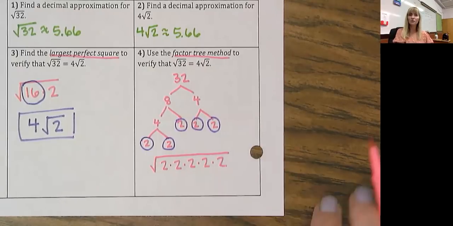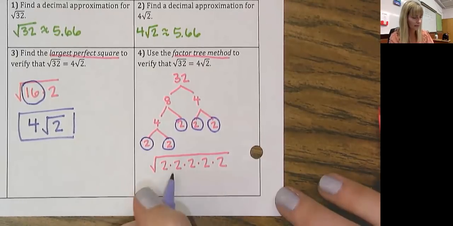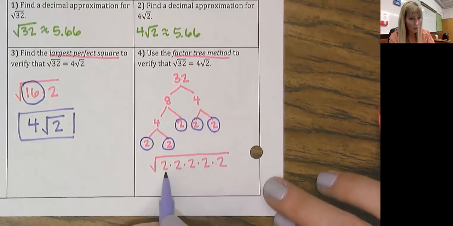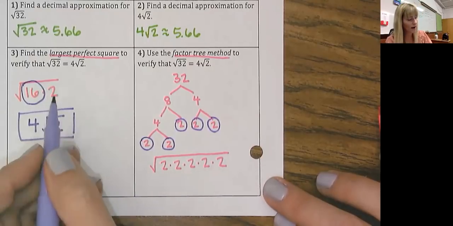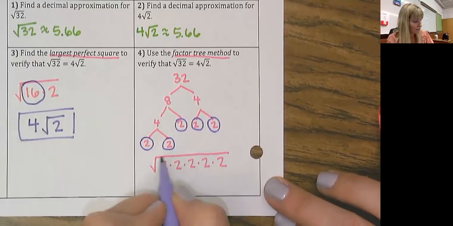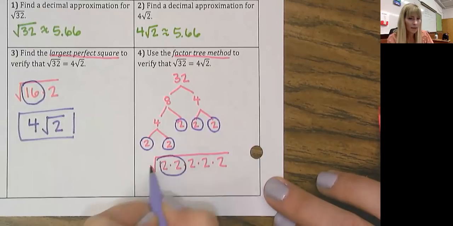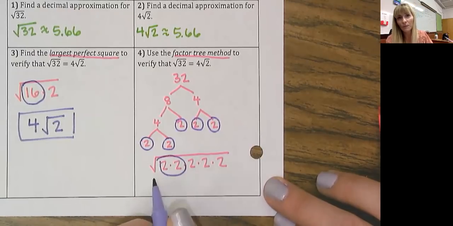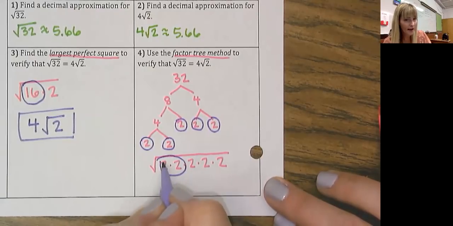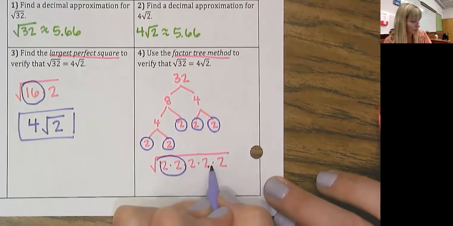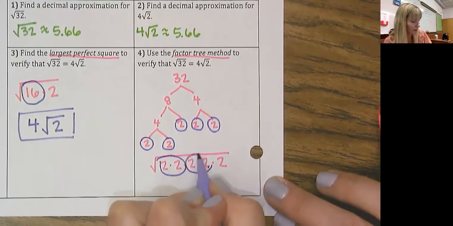And here's a handy little trick that we'll practice over the next couple of days. Instead of trying to find the largest perfect square, you can do this. For every pair of factors, take out 1. I don't mean the number 2, I mean for every pair. So I've got a pair there and I've got a pair there.